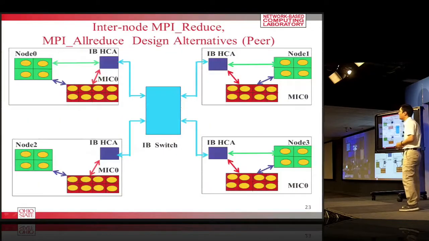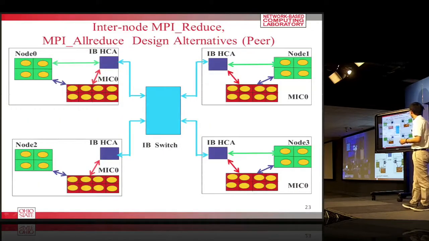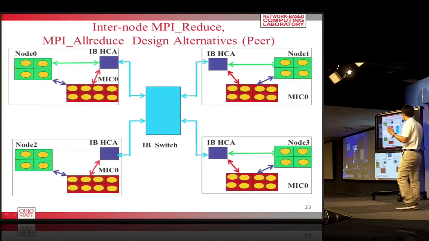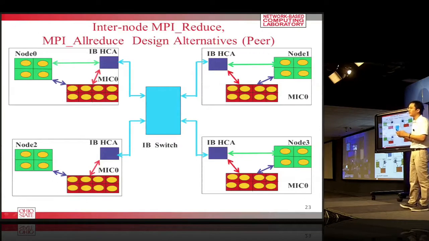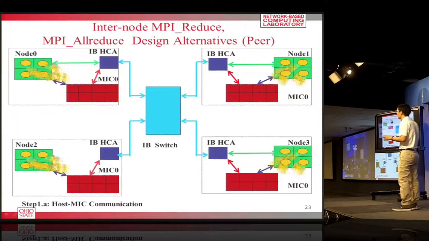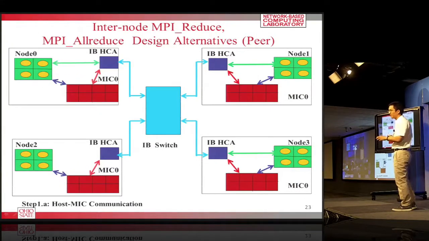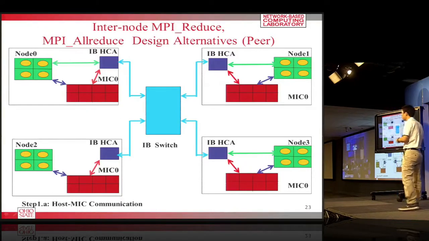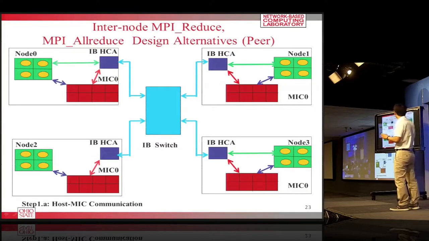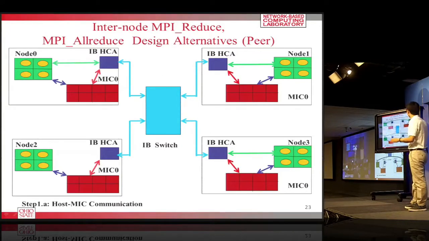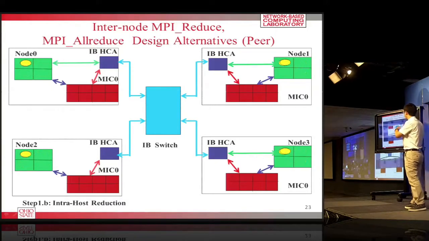So from this discussion, we can see we can still further optimize. We call it the peer-based design. For example, instead of doing the reduction only on the leader of the host, we can send the data to the corresponding process in the host for each process in the MIC. Then we do the inter-host reduction, the similar inter-host reduction, and finally the broadcast.